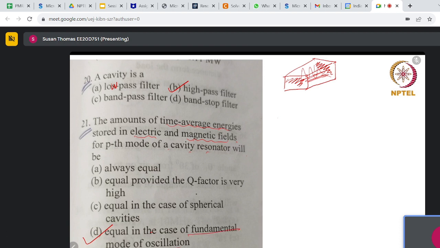That is basically our resonant frequency. So in that case, as I told in the beginning of the class, XL equal to XC is the condition for resonance, wherein the energy stored in the electric and magnetic fields will be equal. So we can say that the energy is oscillating back and forth between these two fields, the magnetic field and the electric field. So the answer option is D.